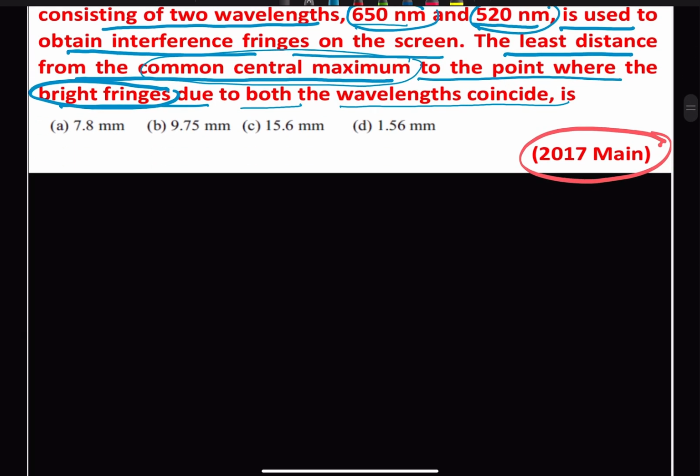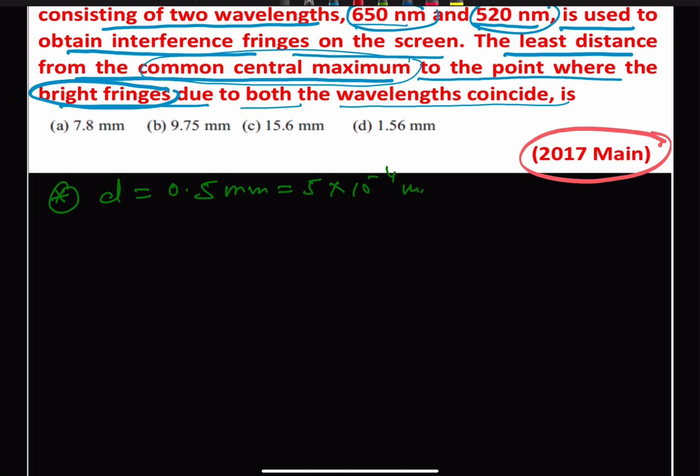So we can just put the data which is given to us. First of all, we are given the slit separation, small d, which is 0.5 millimeter, and that will be 5 into 10 to the power minus 4 meters.